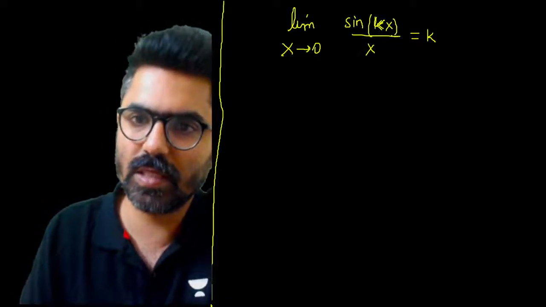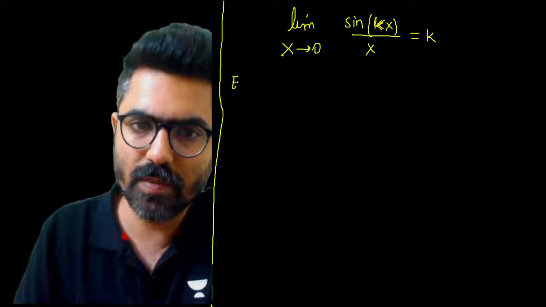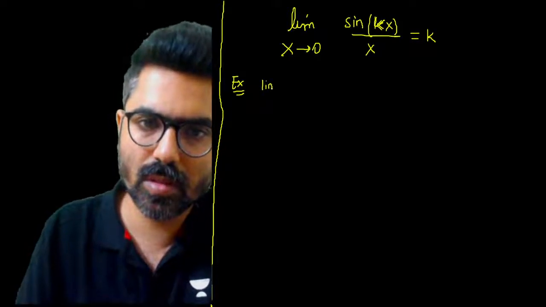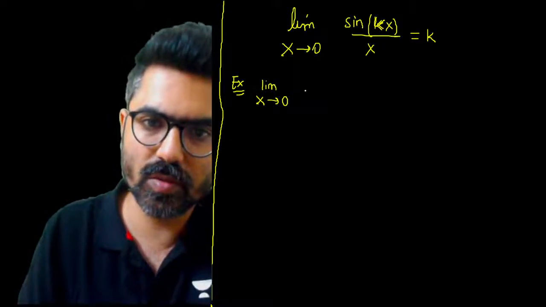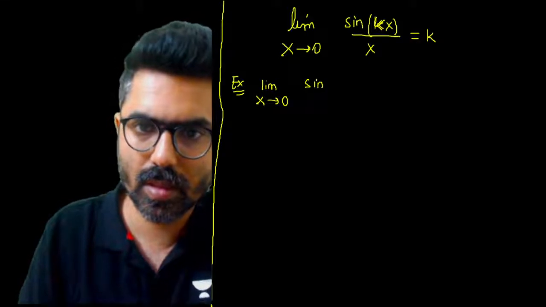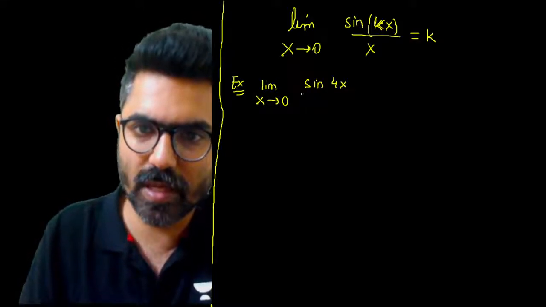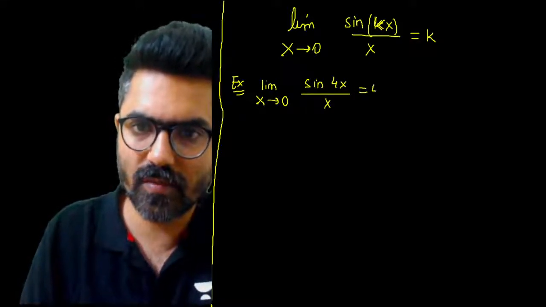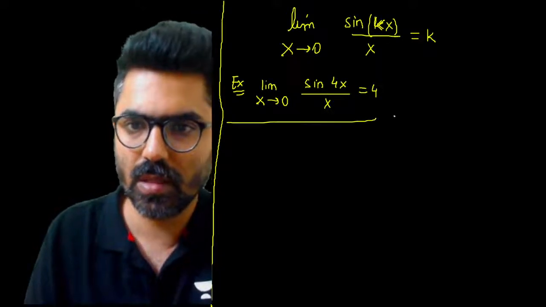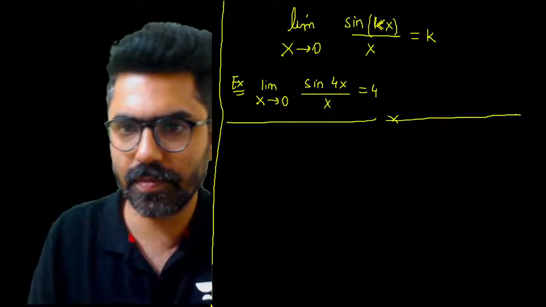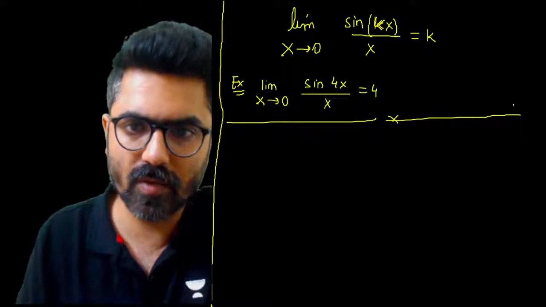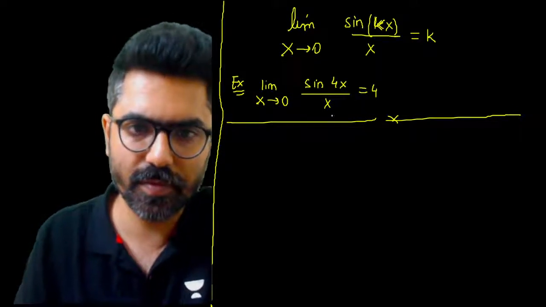A very basic example based on this: limit x tends to 0 of sine of 4x upon x, the answer for this is 4. A very basic example just to show how to apply it.